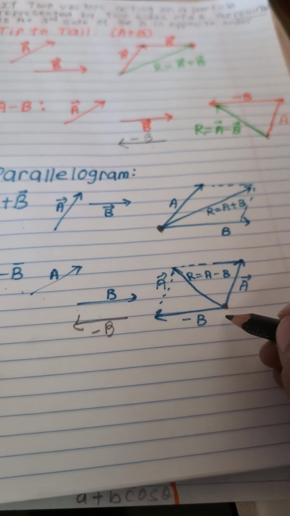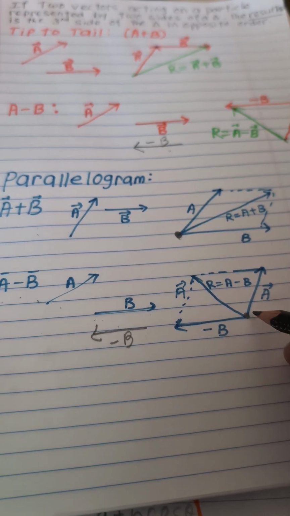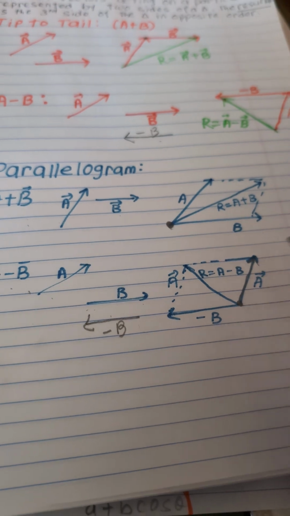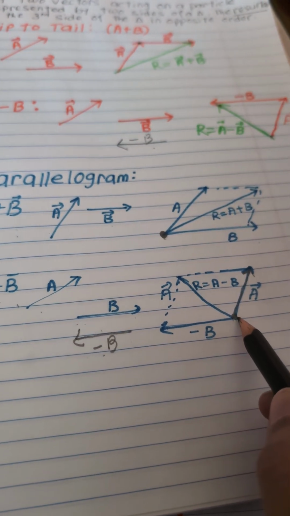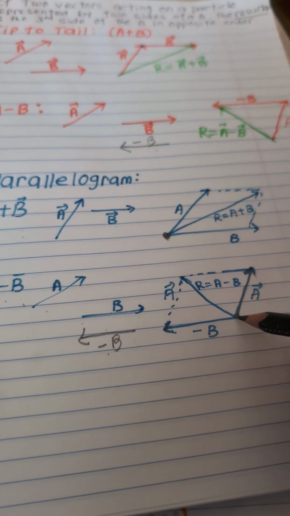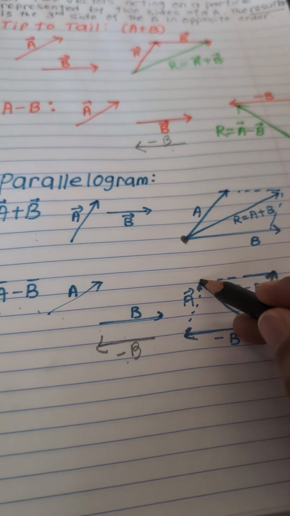So if this is the origin O, I'm starting the two vectors from the same origin. Let's say A in this direction. Since this is my negative B, I draw negative B towards this direction. So the resultant R will be the diagonal of the parallelogram along these directions.